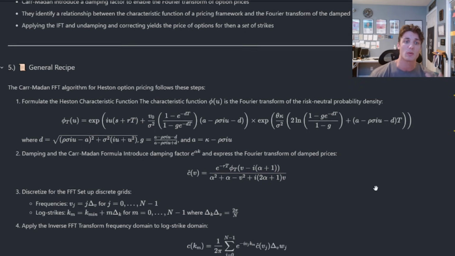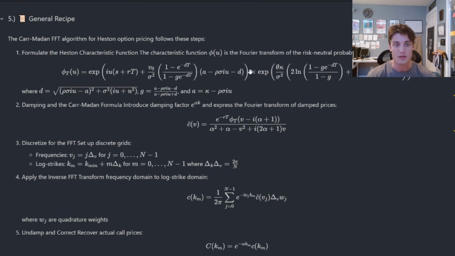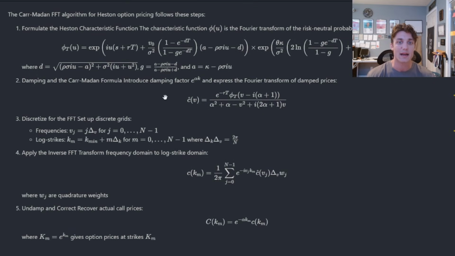Essentially what we're doing is we're formulating the Heston characteristic function, and we're applying this damping factor to the original call option prices, this key equation that we're developing that introduces a relationship between the log stock prices and the corresponding option prices in a Heston framework. So once we do that, we can discretize this grid. That's for our fast Fourier transform and the inverse fast Fourier transform.